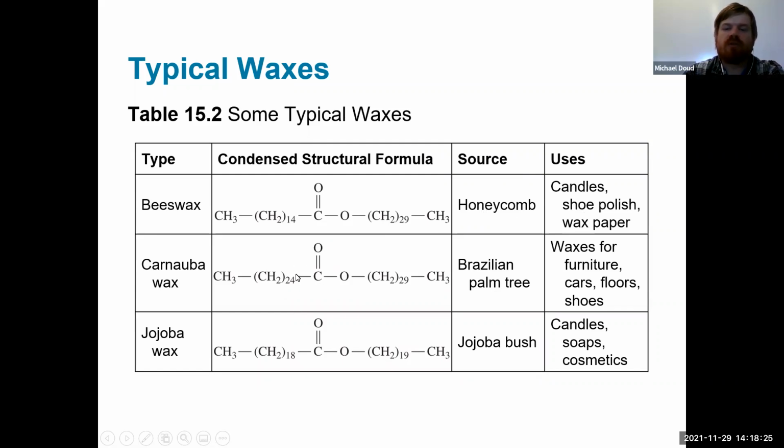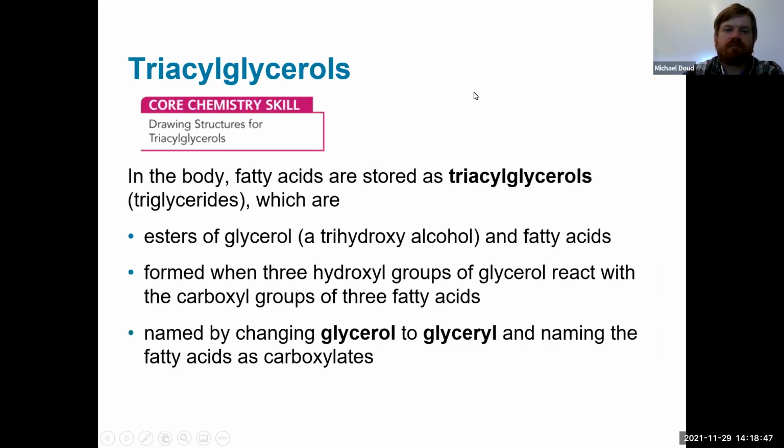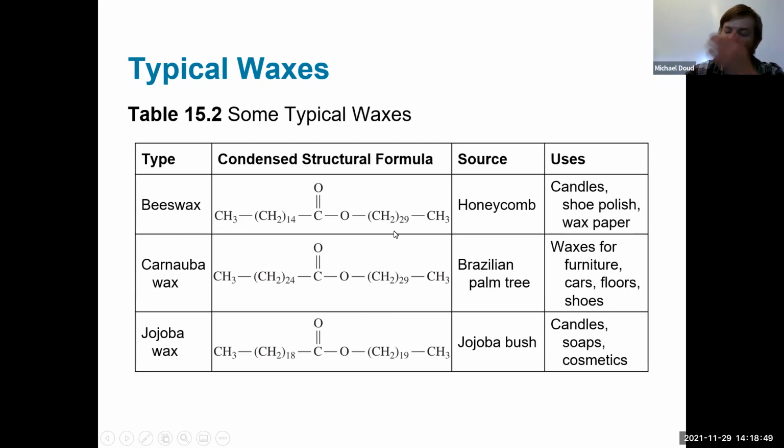Carnauba wax, which you could use for your surfboard, for example, has a 26 carbon fatty acid chain and a 30 carbon alcohol. And jojoba wax is another example here, popular in candles, soaps, and cosmetics, with a 20 carbon alcohol and a 20 carbon fatty acid. So just giving you an idea here, basically you take two long carbon chains, one a carboxylic acid, the other an alcohol. When you put them together in an ester form, that gives you this wax.